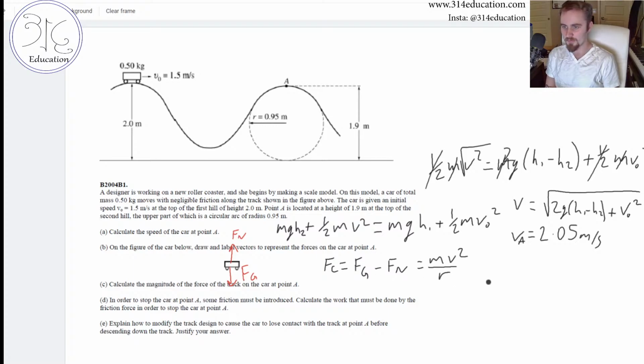We're going to invoke the definition of Fg. So we write this as mg minus mv squared over r is equal to our normal force, the force acting on this object, which is 0.5 times 9.8 minus 0.5 times our velocity, which was 2.05 meters per second.